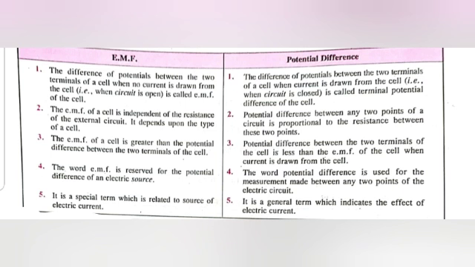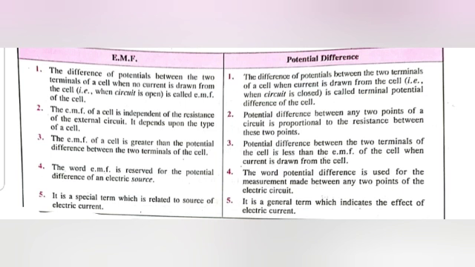EMF is the potential difference when no current is drawn from the cell, whereas terminal potential difference is the potential difference when current is drawn from the cell. So it would be good if we differentiate between the two properly in a tabular form.